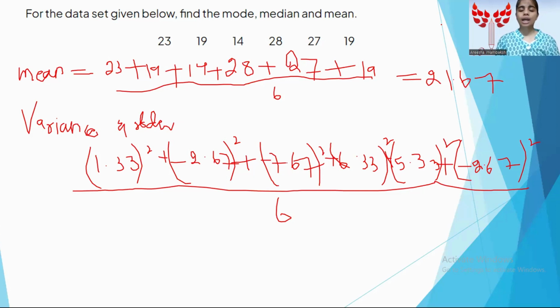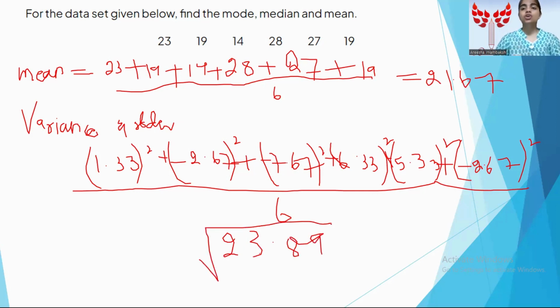Okay, right. So our answer here is 23.89. This is not the spread. This is the square of the spread, the standard deviation. 23.89 is the variance. And now if you want to find the standard deviation, we simply take the square root of it.